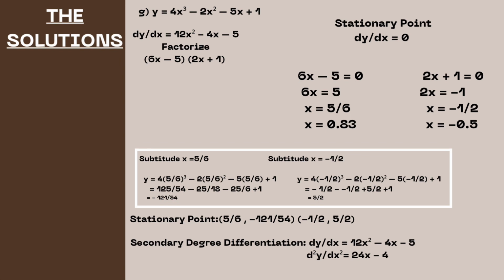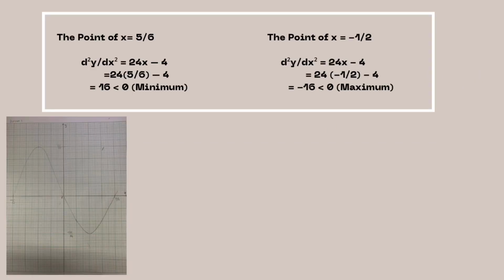Test the second degree differentiation to find the minimum and maximum points. So, dy per dx equals 12x power of 2 minus 4x minus 5, and the second differentiation would be 24x minus 4. Substitute x equals 5 per 6 into d power of 2 y per dx power of 2, the second degree differentiation that we got just now.